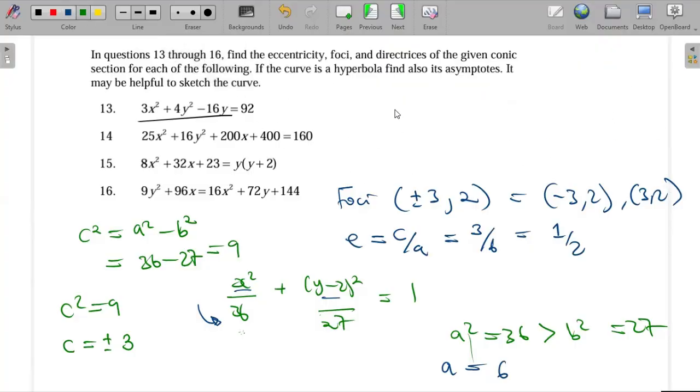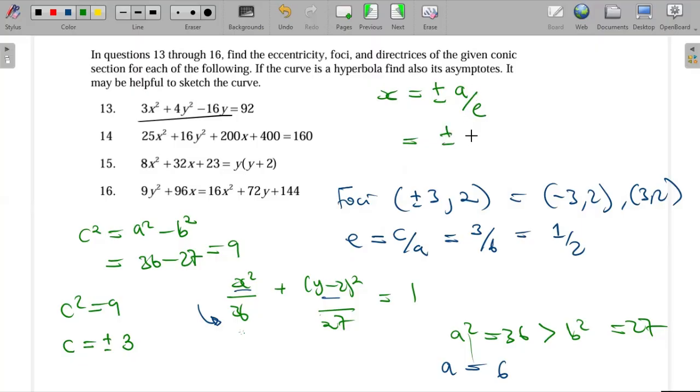Next we have to find the directrix. Now you've identified that it's in the x. If you're dealing with what is in the x, then your directrix has to be in terms of x. So x is equal to plus minus a over e.